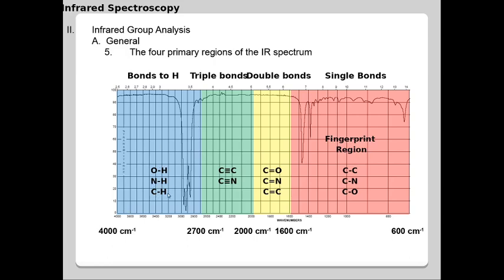So you can rationalize the location or position of the vibrational bands associated with these typical bonds with the force constant of the bonds as well as the reduced mass of the involved nuclei.